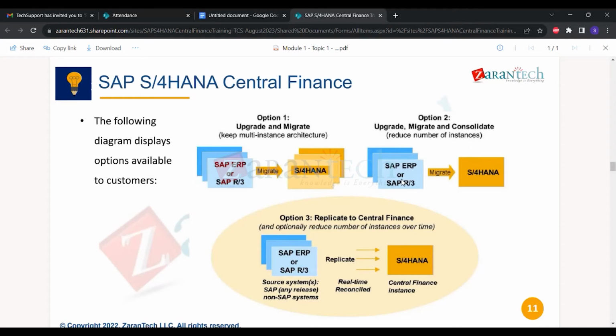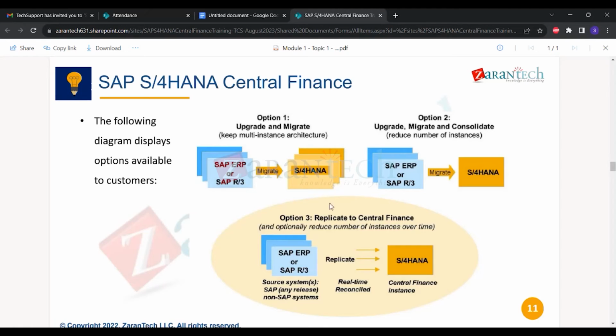The other case is one of the clients I worked with, they had multiple SAP systems for one country itself. Before migrating to S4 HANA, we consolidated their multiple clients into one client first, and then migration to S4 HANA was done.